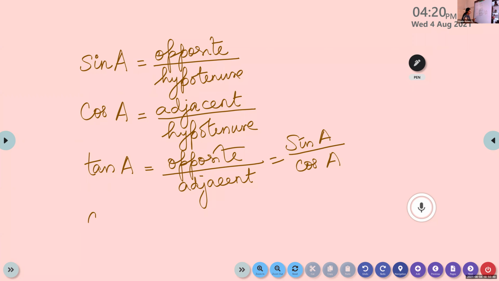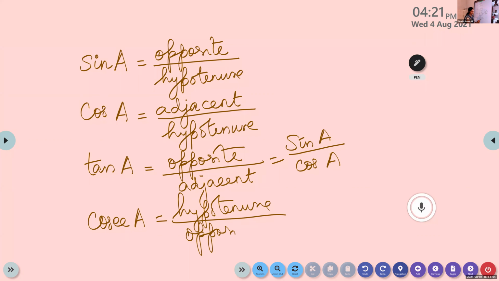Then cosecant of angle A. Cosecant of angle A is hypotenuse by opposite side, isn't it? Side opposite to angle A. In other words, we can say it is 1 by sine.